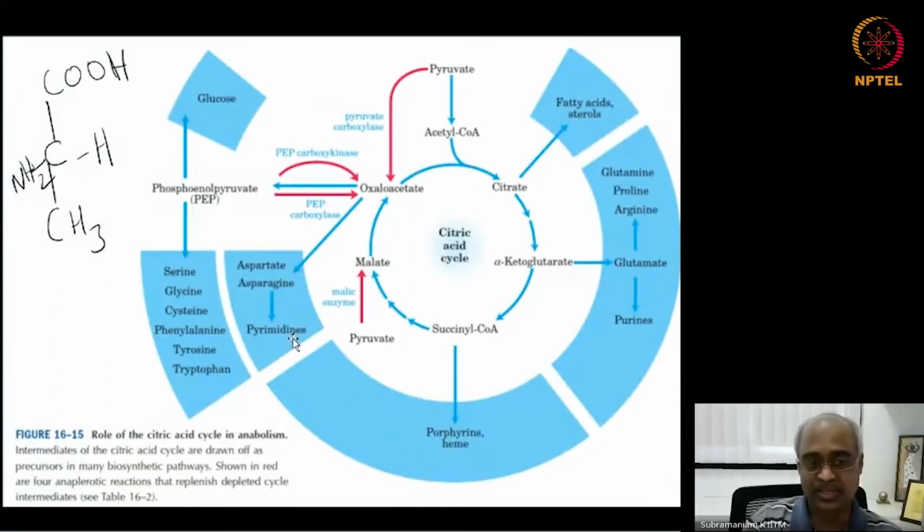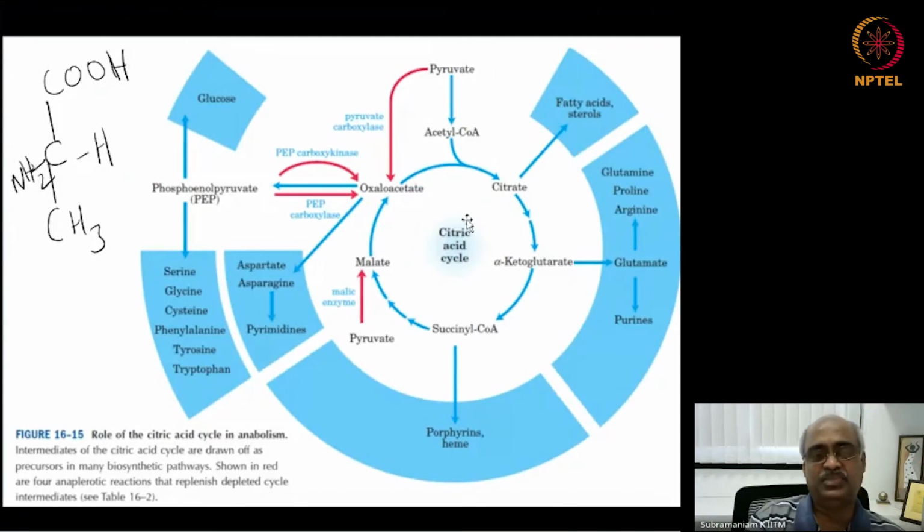And these go into making pyrimidines, which are the nitrogenous bases of thymine and cytosine, uracil of our nucleic acids. Okay. Similarly, you make serine, glycine, cysteine, phenylalanine, tyrosine, tryptophan, all of that from these intermediates.